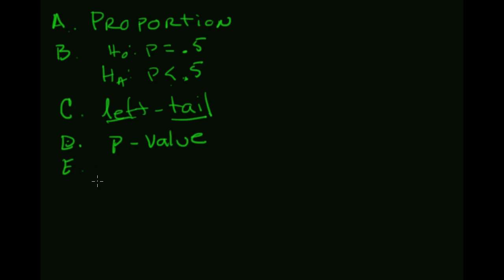Part E. It's a proportion test, so this is a 1 proportion Z test. Alright, so for part F, we actually have to run the test and come up with the p-value. So let's get the calculator for that.